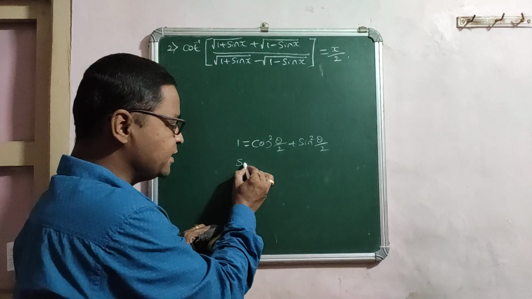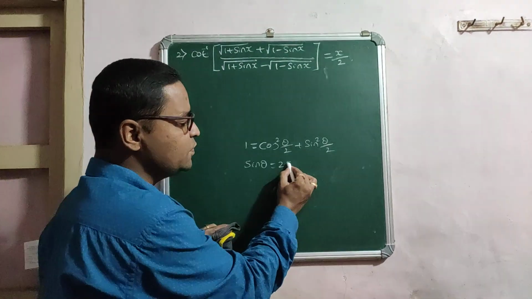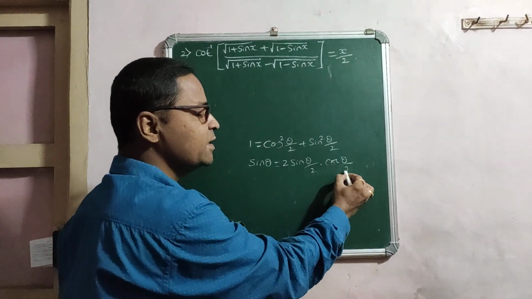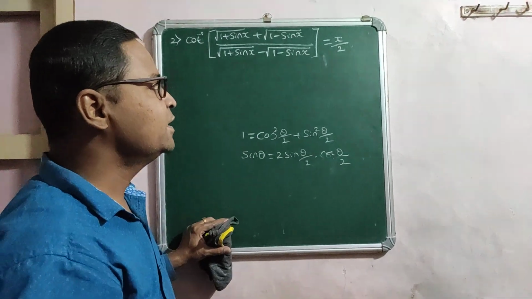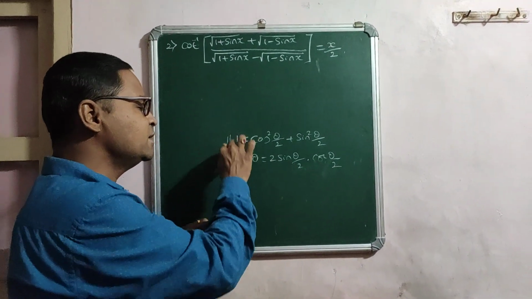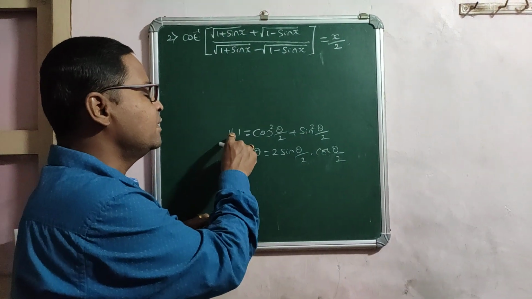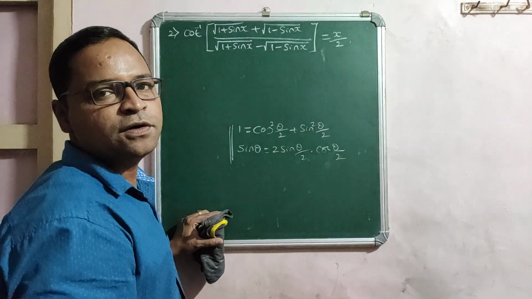And the term sin theta can be written as 2 sin theta by 2 into cos of theta by 2. So, for this problem, we are required to use both the formulas for proving the LHS part is equal to the RHS part.